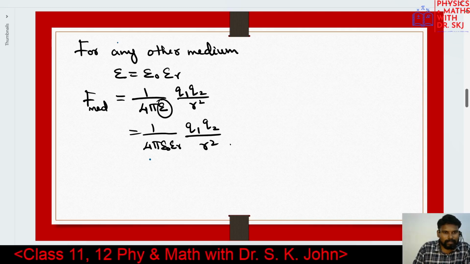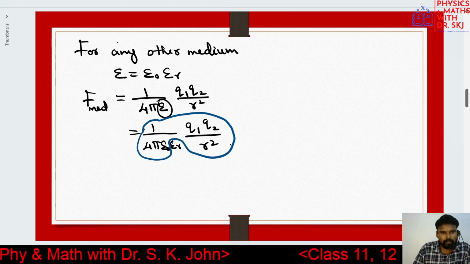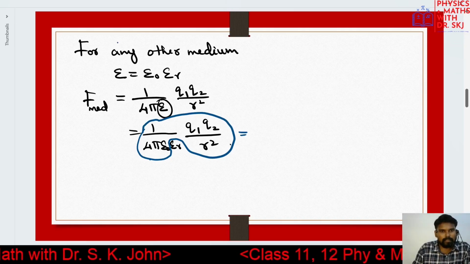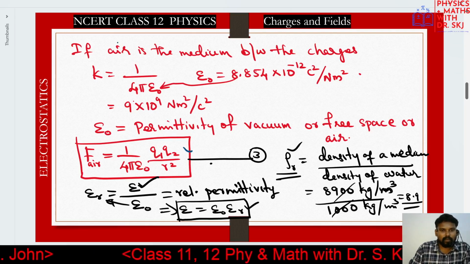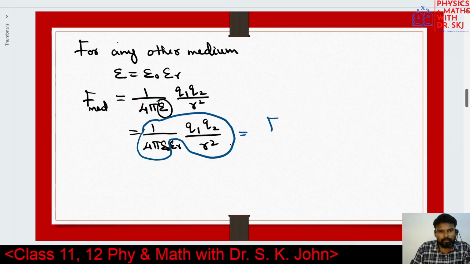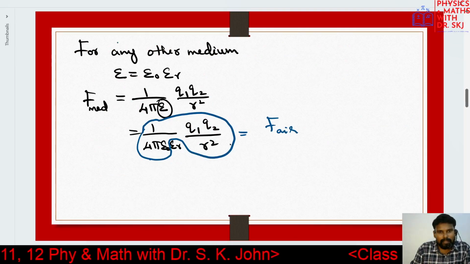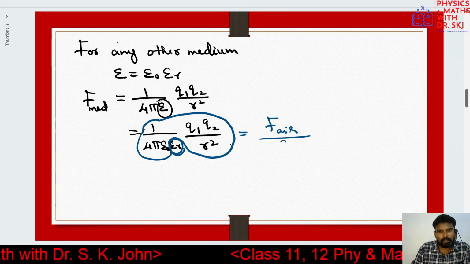So here you can see that the quantity inside this loop is what? F air. The quantity inside the loop is F air. 1 by 4 pi epsilon 0 q1 q2 by r square is F air. So F air, and the quantity outside the loop is epsilon r.